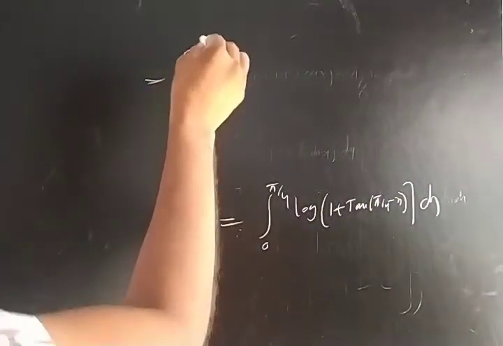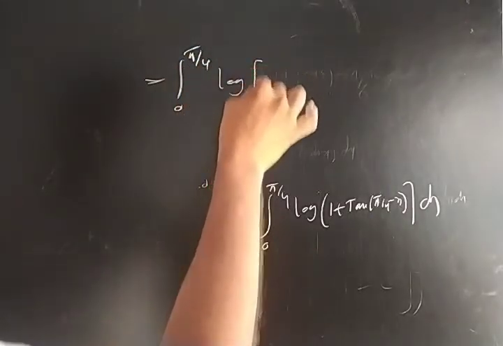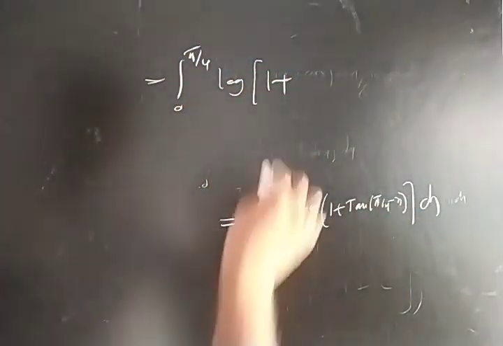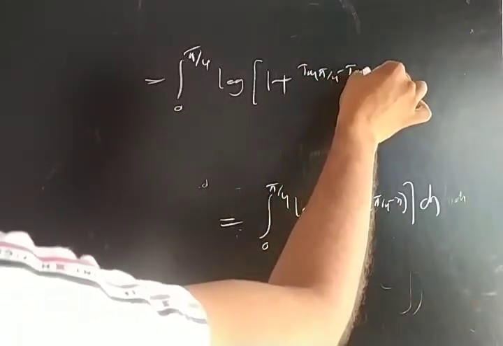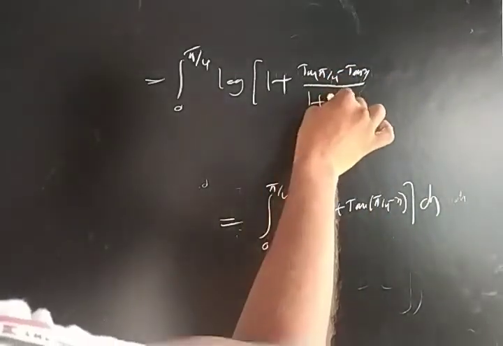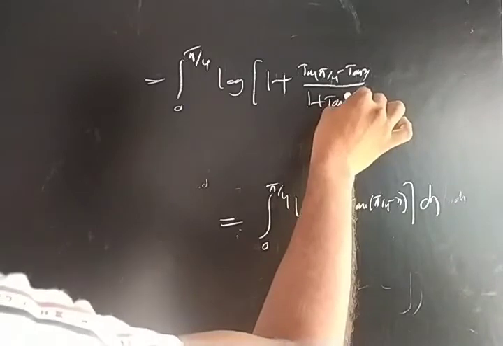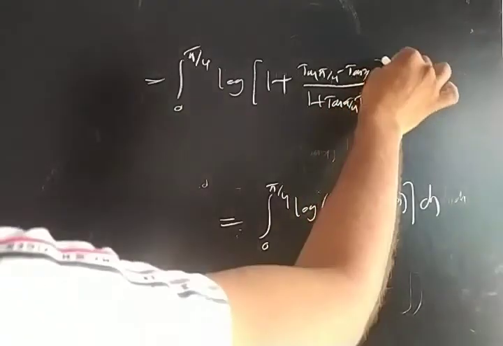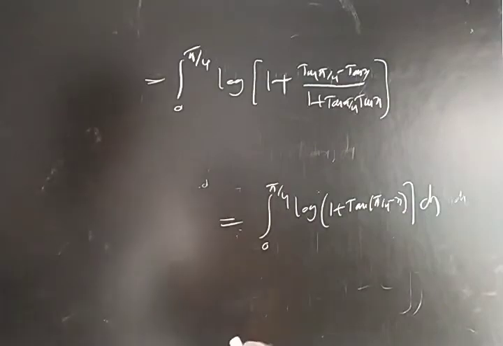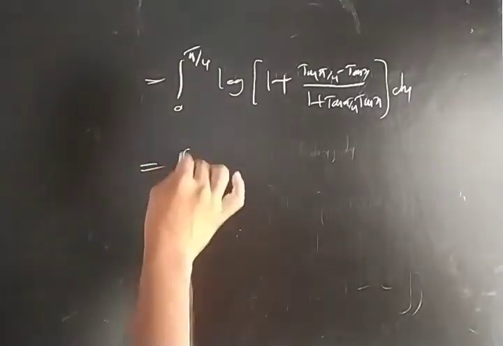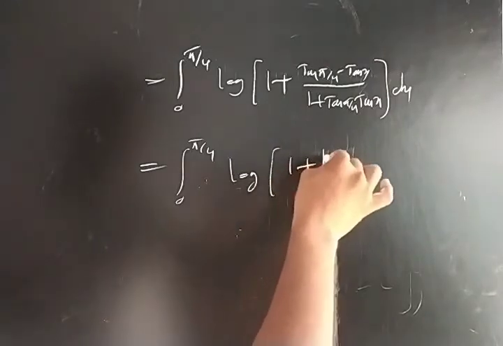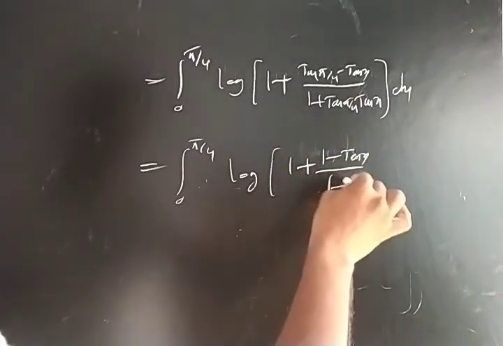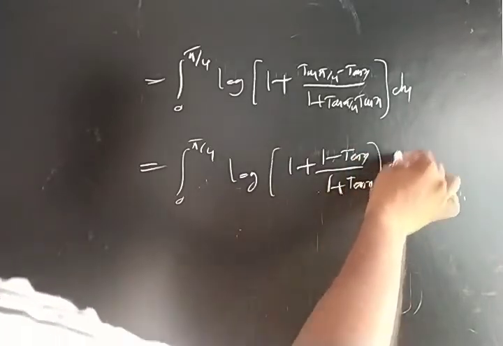By expanding this, I am applying the formula for tan a minus b: tan pi by 4 minus tan x by 1 plus tan pi by 4 into tan x, that is, tan a minus tan b by 1 plus tan a tan b. So it becomes the integral from 0 to pi by 4 of log of 1 plus (1 minus tan x by 1 plus tan x) dx. Why? Because the tan pi by 4 value is 1.